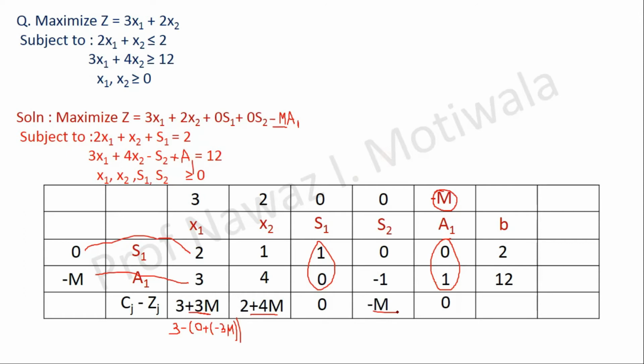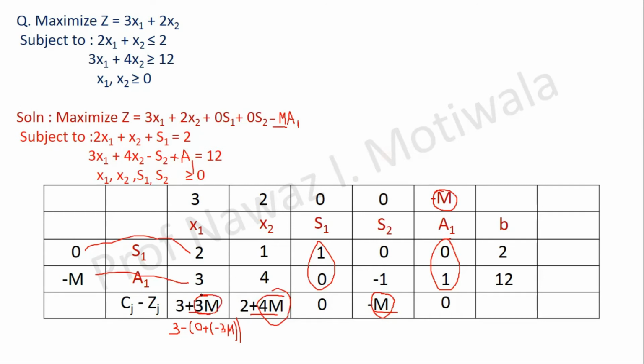Now what is our next step? The next step is to observe the highest positive value of Cj minus Zj. Do remember that we have said M is a very high positive number tending to infinity. So M being a highly positive number, 4M will always be greater than 3M.